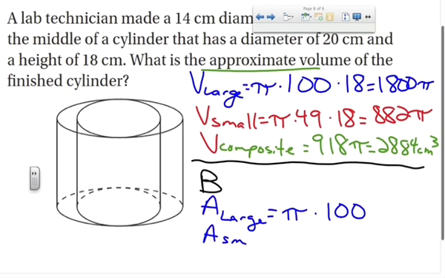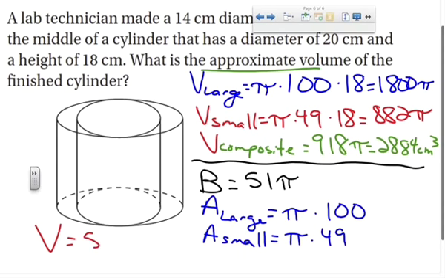The area of the small circle, I'm just showing you a different way, is pi times 49. So the area of the base, if I were to subtract these, would be 51 pi. Which means the volume, once again, would be capital B, 51 pi, times the height, which is 18, and you'd end up in the same place.